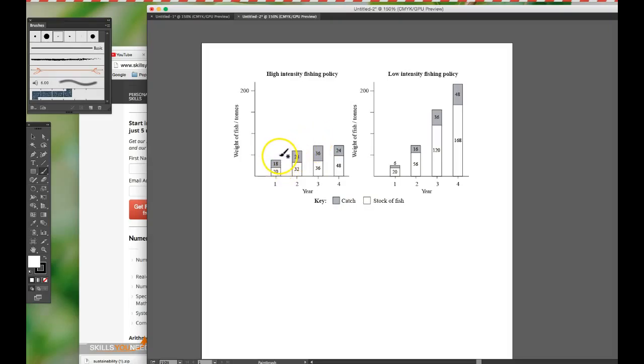So in here we're looking at 18, 28, 36, plus 24. So we add all of those together to get how much our catch has been. And then we do the same for the low intensity fishing policy. We add together those numbers, the numbers of the catch.